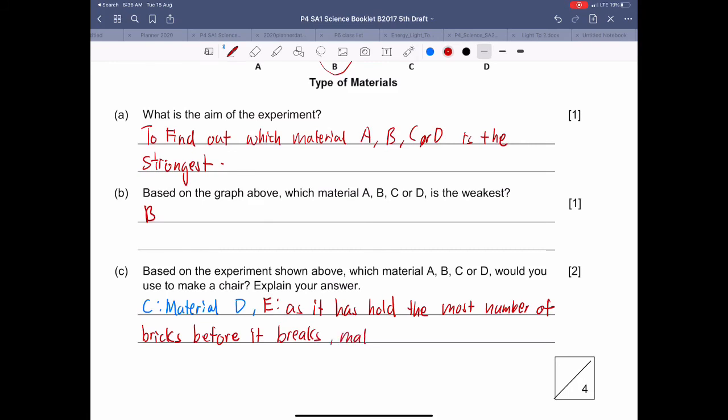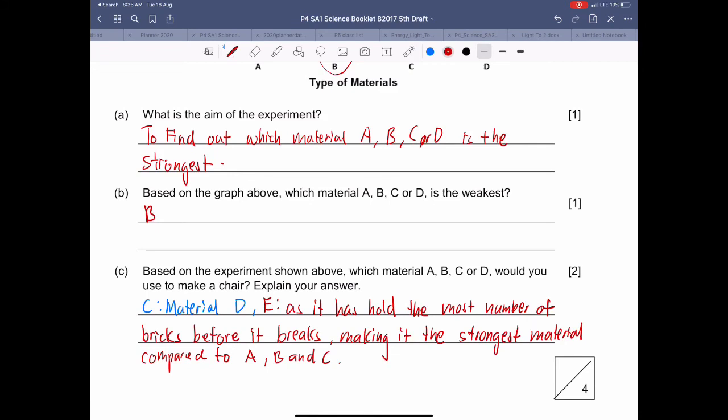Making it the strongest material compared to A, B, and C. So I should not just leave it there and say, oh, it can withstand the greatest number of bricks before breaking.